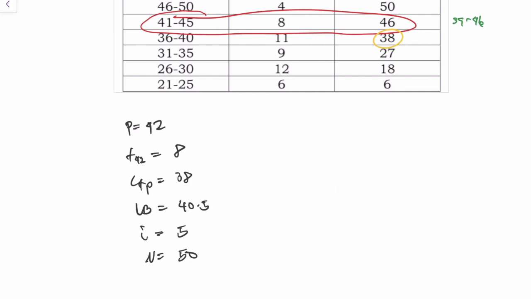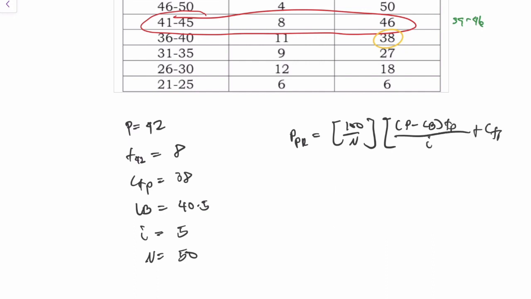Now we plug in these values into the formula. PR is equal to 100 over n times P minus LB multiplied by the frequency all over the class interval size, plus CFP.